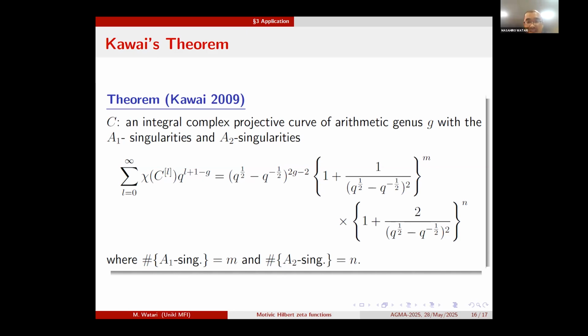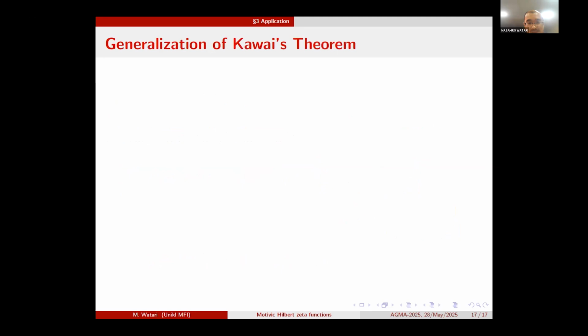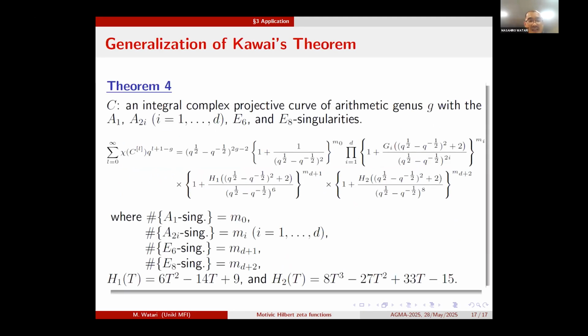And finally, we can generalize this result in the following way. Here, the curve C has A_i singularities, with i moving from 1 to D, and E6, E8 singularities. So it has these four types of singularity. Then the generating function of Euler numbers of punctual Hilbert schemes is expressed as on the right-hand side.